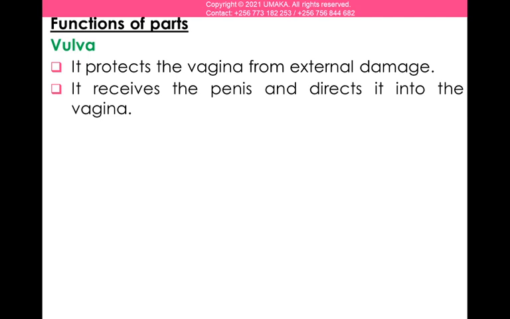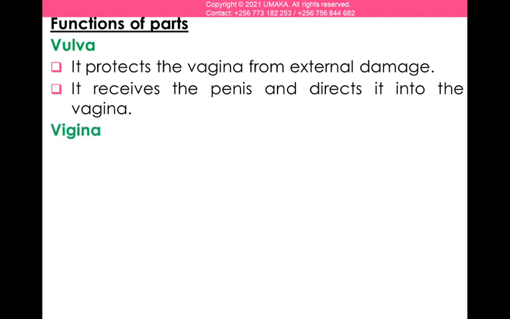We said it protects the vagina from external damage, and it is the part that receives the penis and directs it into the vagina. I told you that part works like the gatekeeper who receives the visitors and directs the visitors where they are going.